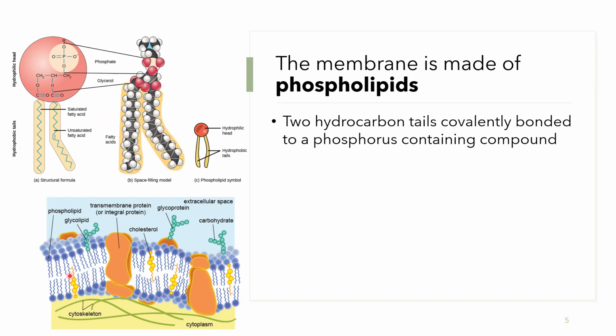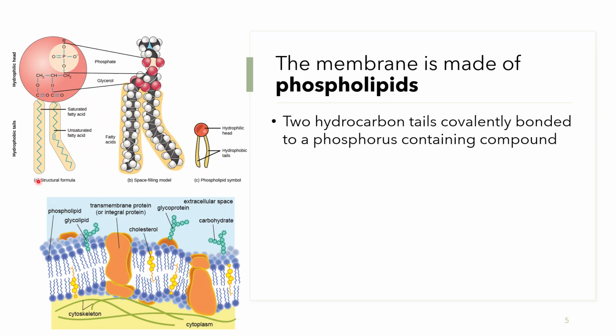So the membrane itself is primarily composed of these lipids called phospholipids. If we look at that word, they are a lipid, but this lipid has a phosphate group in the head. The phosphate group is highly polar, but the rest of this molecule is not. It's these two hydrocarbon tails.